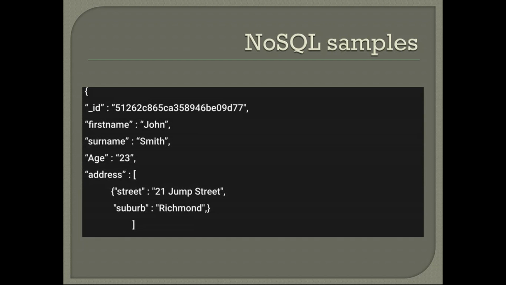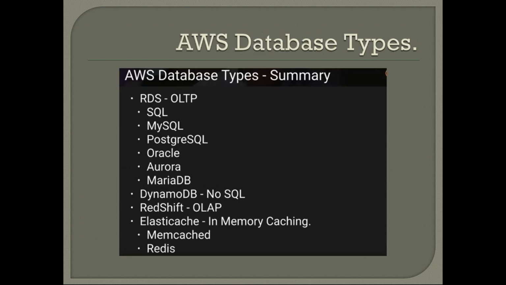It shows the ID of the customer, the first name Johan, the surname Smith, and we maintain the age of the customer and the address. These are split into different rows and columns and maintained in a single database.